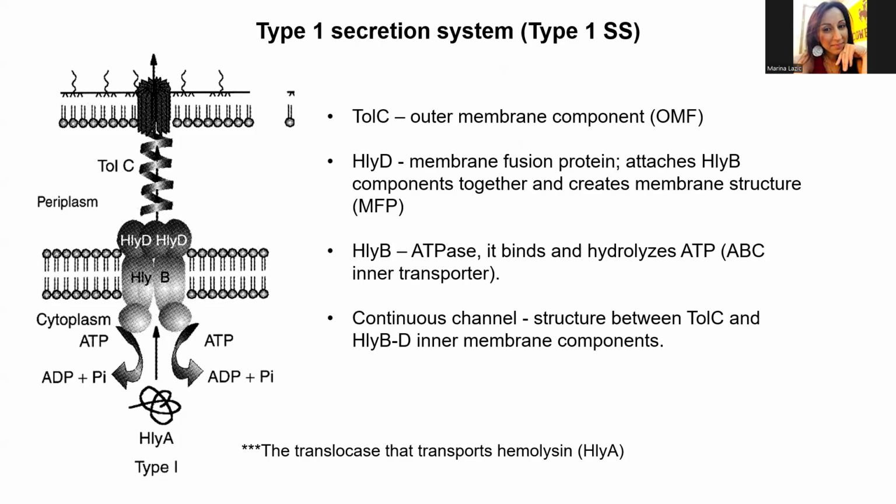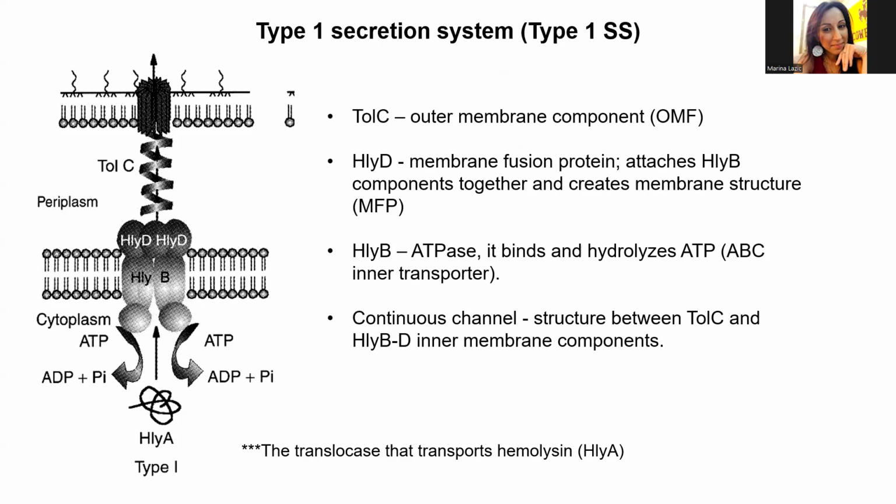In this case it's called HlyB and HlyD. And then you will have membrane fusion proteins. In this case, B would be the inner membrane component, which has ATPase activity. This would be the analog to the ABC transporter. When I mentioned on the previous slide the general structure of type 1 secretion system, like ABC transporter, fusion protein and outer membrane protein, in this case this ATPase activity transporter is the ABC transporter HlyB.